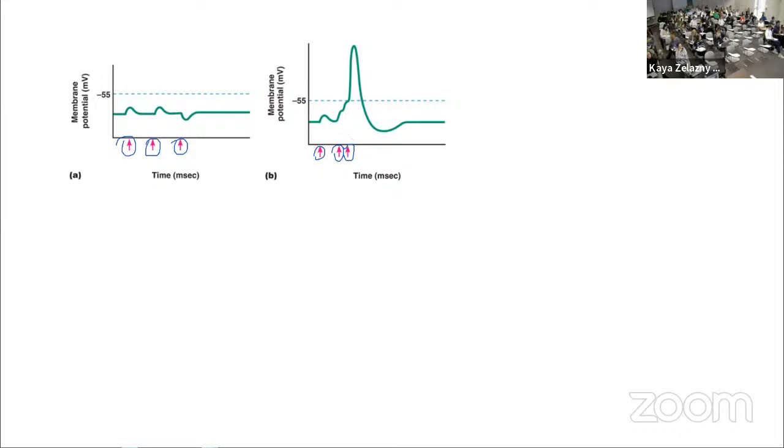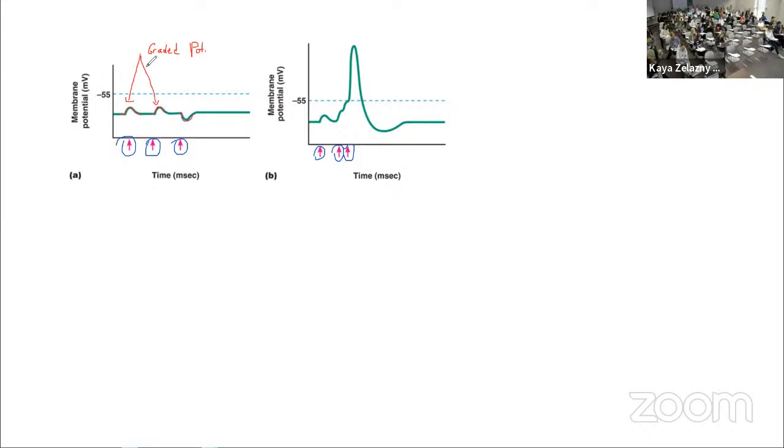We're trying to find our graded potentials. Graded potentials are each of these little bumps. Here we see one graded potential. Here we see another graded potential. And even this little dip counts as a graded potential.